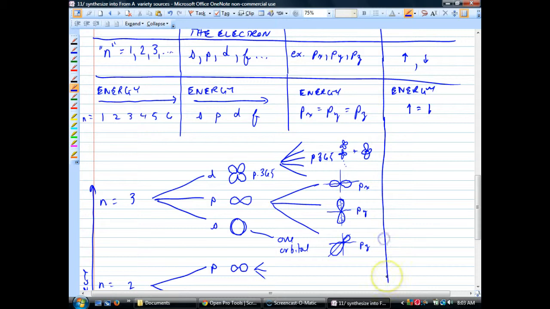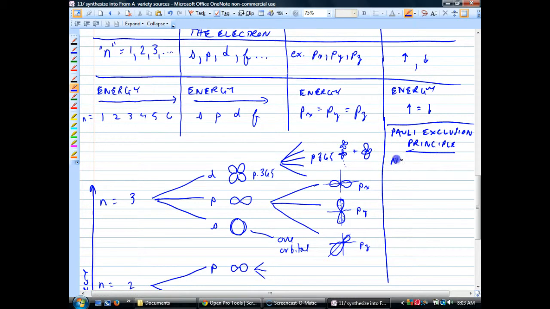Now, at this point, before I go to talking about how I would discuss this property with another electron, I want to mention something called the Pauli exclusion principle. Very important.